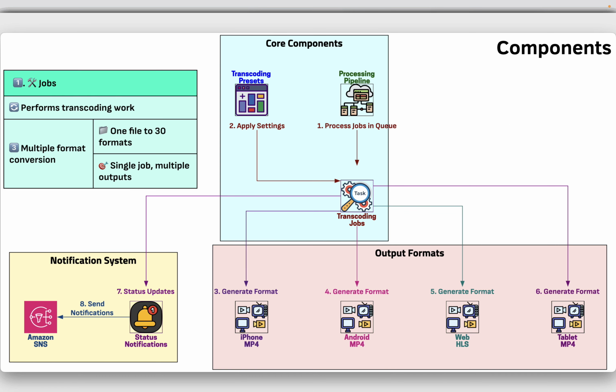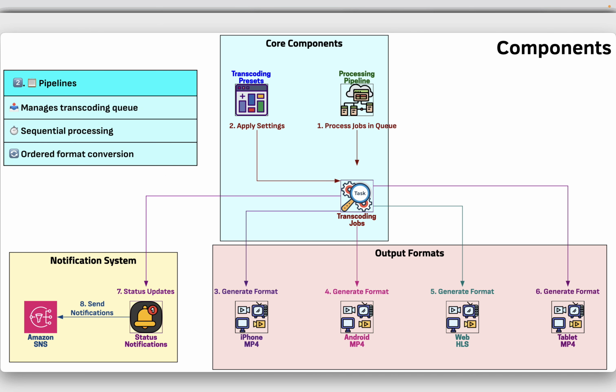So the components of Elastic Transcoder are: first one is a job. A job in Elastic Transcoder performs the core transcoding work, which allows a single job to convert one media file into up to 30 different formats simultaneously. This efficient approach means you can create multiple format variations through just one job creation.